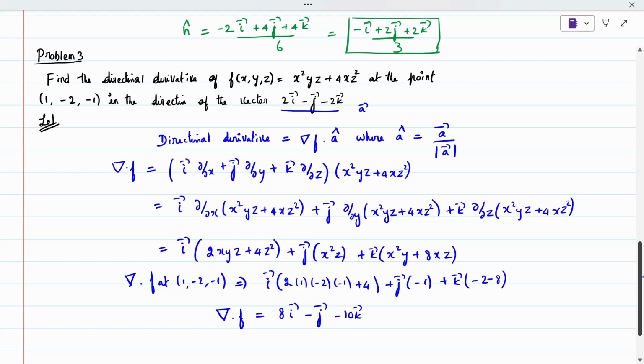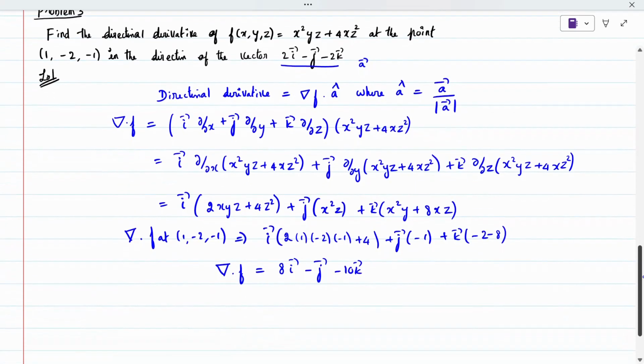Now the a vector is given in the question: a vector is 2i vector minus j vector minus 2k vector. So the magnitude of a vector I will calculate: square root of 2 squared plus minus 1 whole squared plus minus 2 whole squared. 4 plus 4, 8, plus 1, 9.